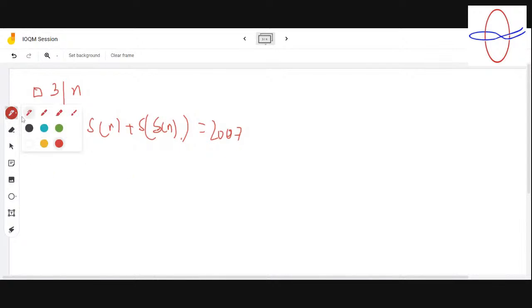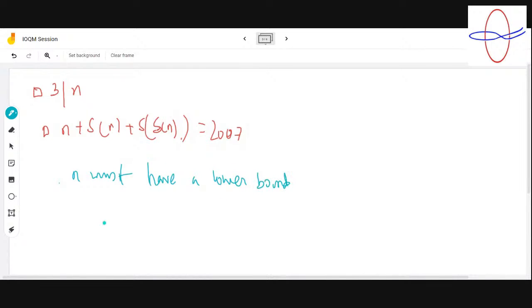So the idea is that n must have a lower bound and n must have an upper bound. So it's an inequality method in number theory. It's very important to understand. This is very important in number theory, this inequality idea.